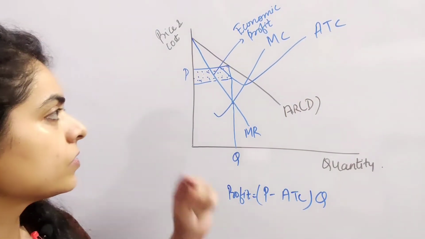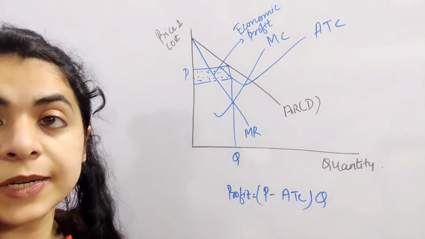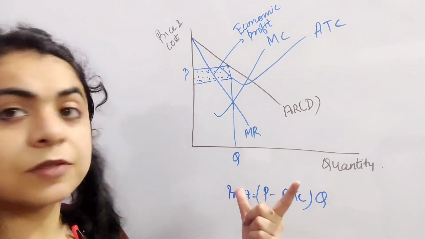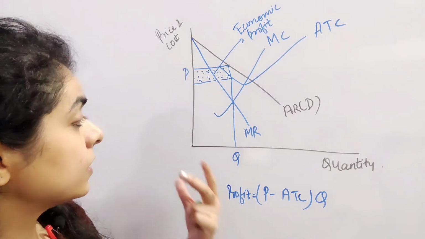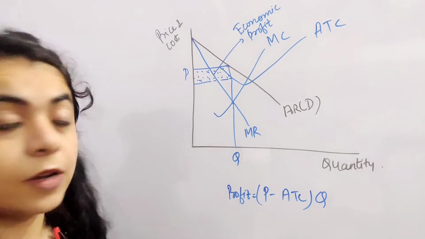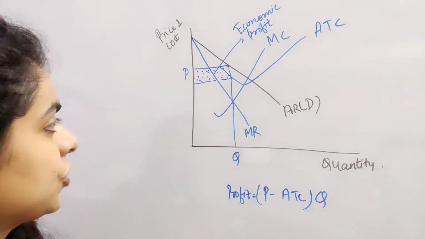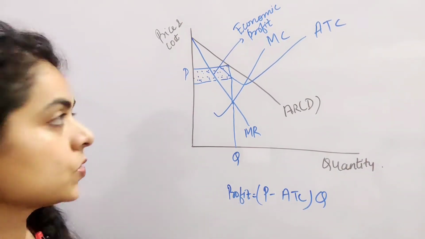But what will happen if this monopolist firm starts practicing second degree price discrimination by charging different prices according to the difference in the number of units of the product purchased by different buyers?